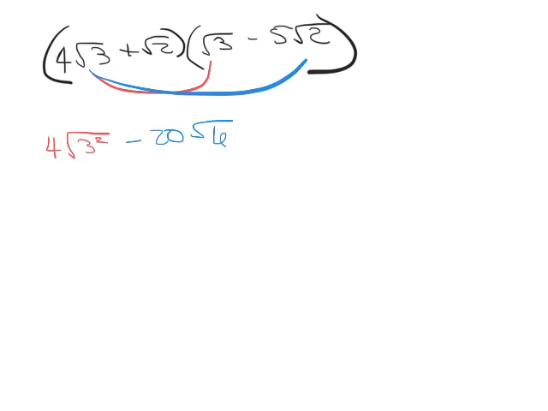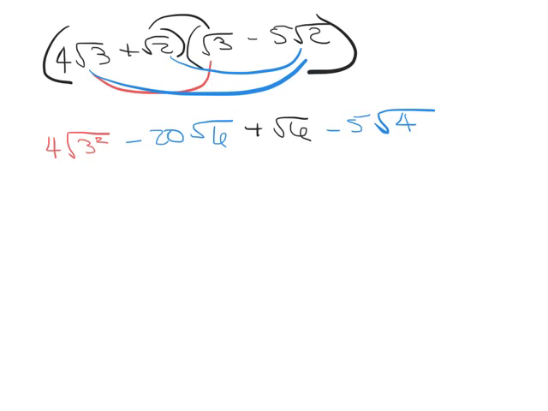And then we're going to do inside, which is the square root of 6. And then we're going to do last, which is going to be negative 5 square root of 2 squared or square root of 4. So you can either write that as 4 here, or write it as 3 squared when I took this times this. So this could either be the square root of 3 squared or just 9, either way.